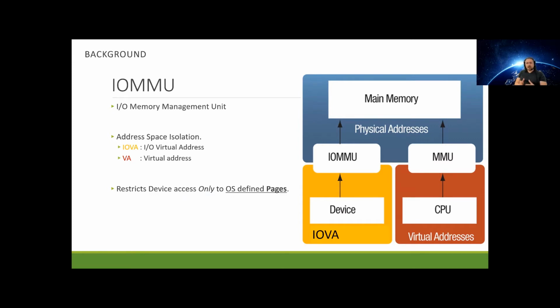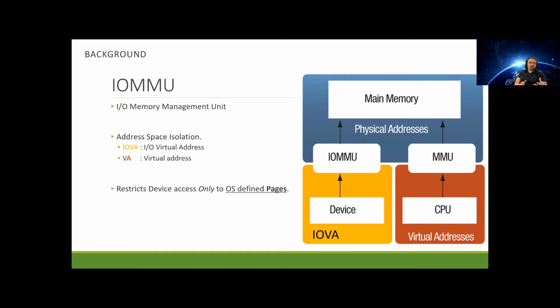So with an IOMMU, the device can access the main memory only via IO virtual addresses, IOVAs. And this prevents the device from accessing any memory pages that were not explicitly set up by the operating system. This way, the IOMMU is supposed to prevent DMA attacks.